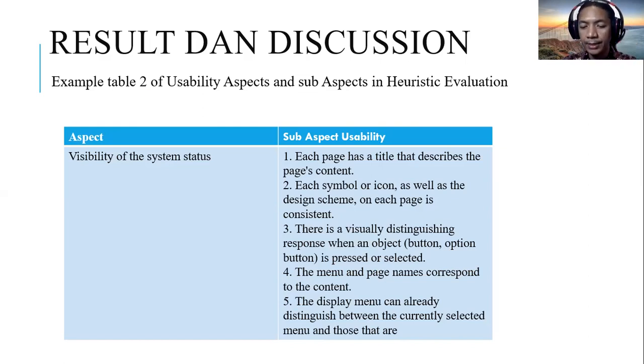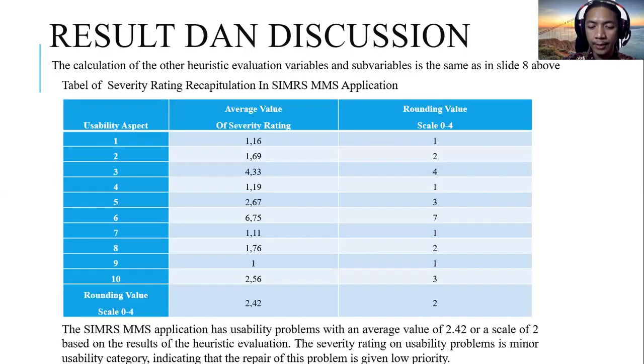One, each page has a title that describes the page content, and 2, its symbol or icon as well as the design scheme on each page is consistent. 3, there is a visually distinguished ribbon when an object is pressed or selected. 4, the menu and page name correspond to the content. 5, the display menu can already distinguish between the currently selected menu and those that are not.